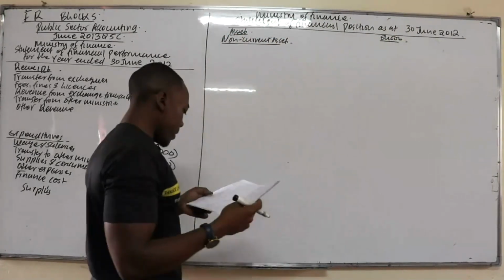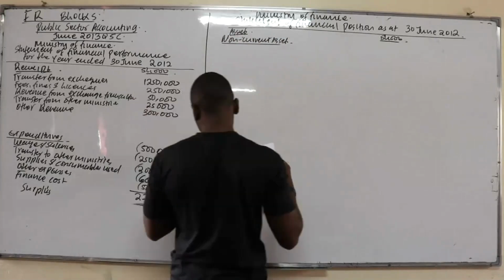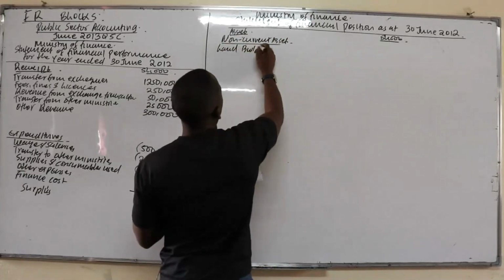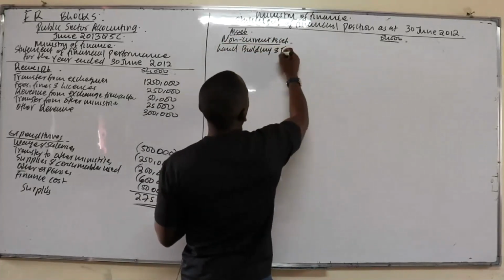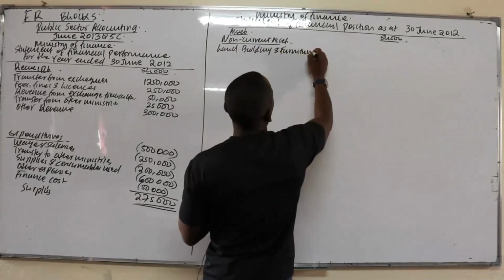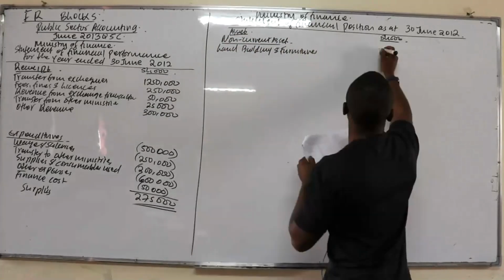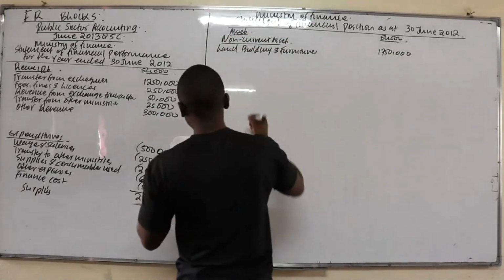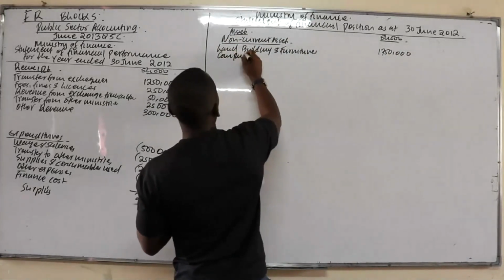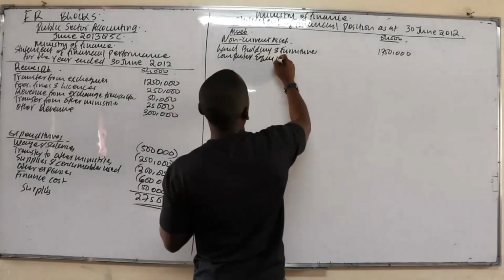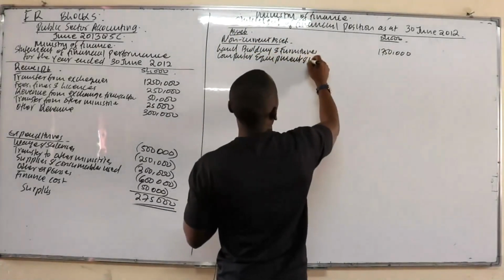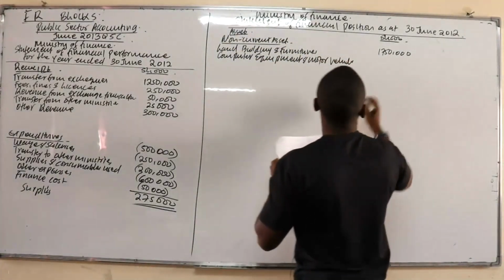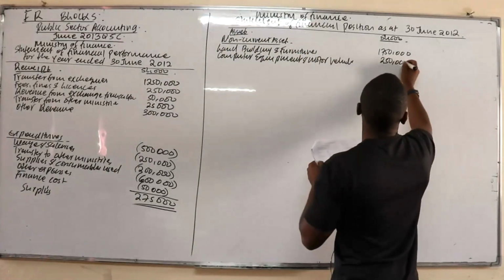So what do we have to the non-current assets? To the non-current assets, I can see we have land, building, and furnitures. Land, buildings, and furnitures, an amount of 1,750. Computer equipment and motor vehicles, amount of 250.